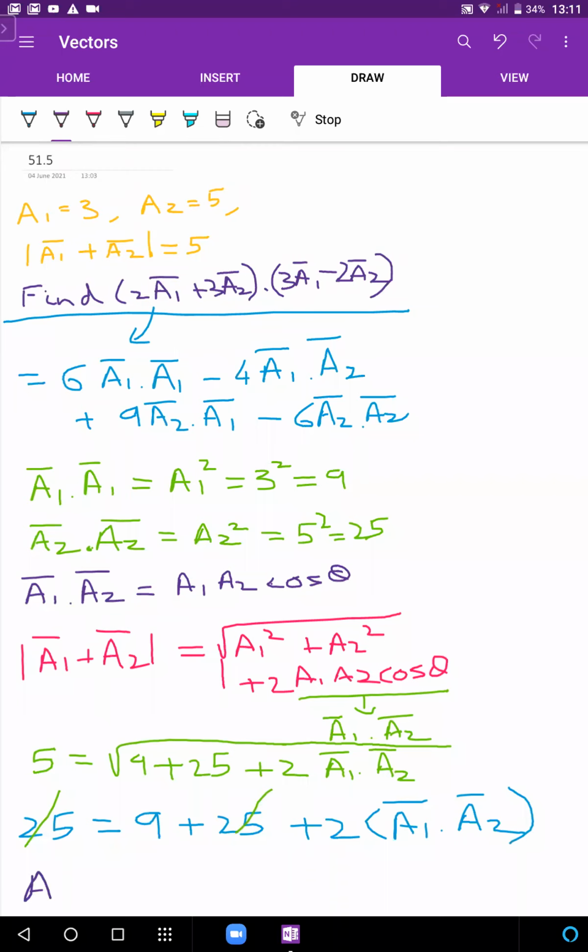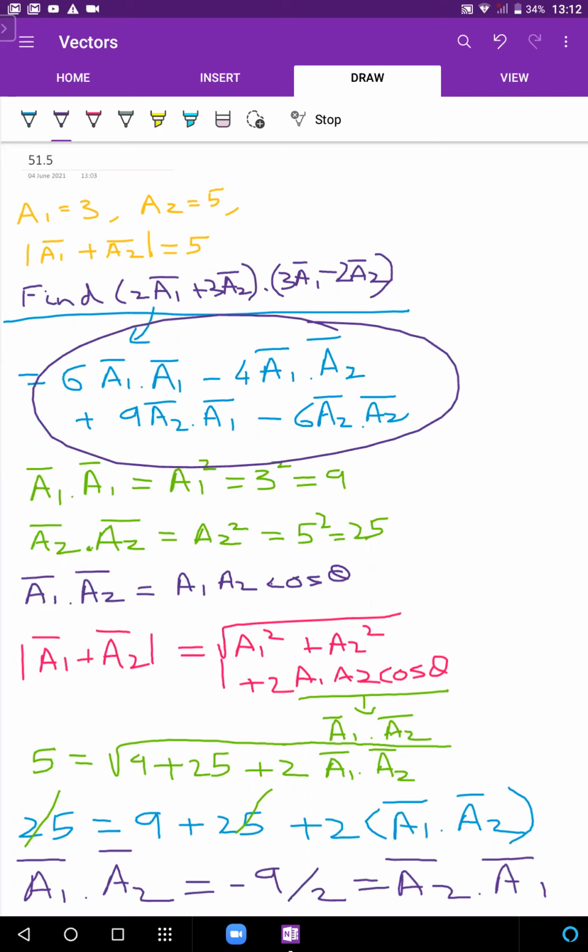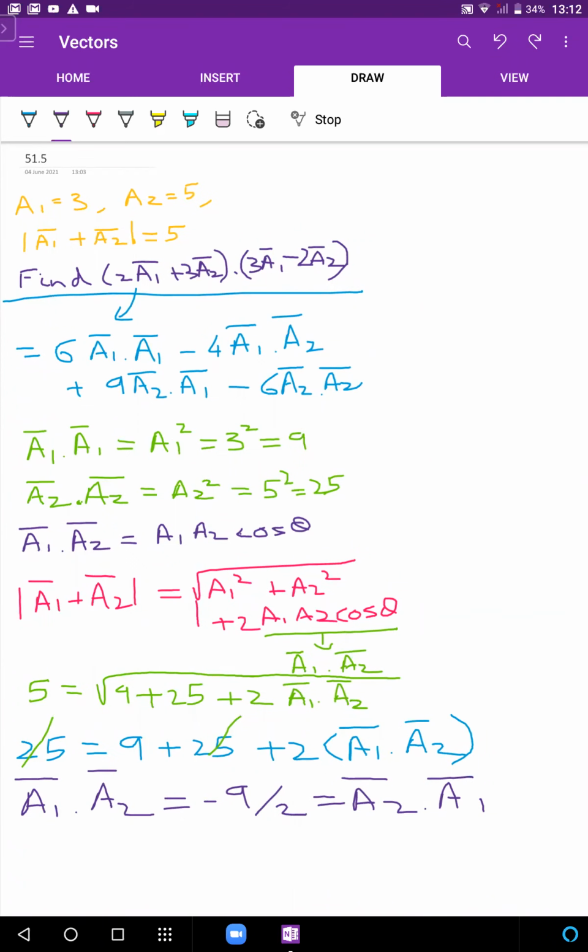So now we have everything. A1 dot A2 is minus 9 by 2. And just a reminder that A2 dot A1 is also the same. So you now have everything to substitute into that equation. So what is our final answer going to be? I don't want to write the entire term again.